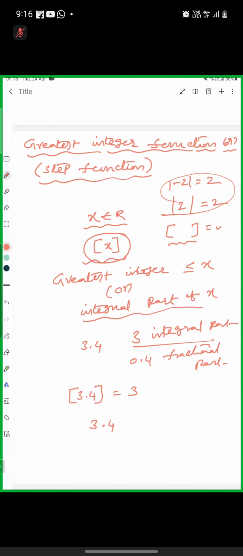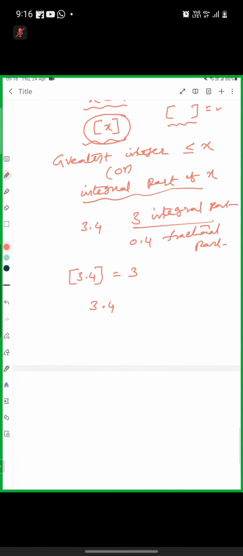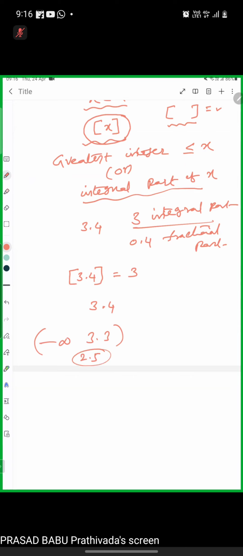You said minus infinity to 3.3, but this contains 2.5 also. Is 2.5 an integer? No. My question is, what are the integers that are less than or equal to 3.4?